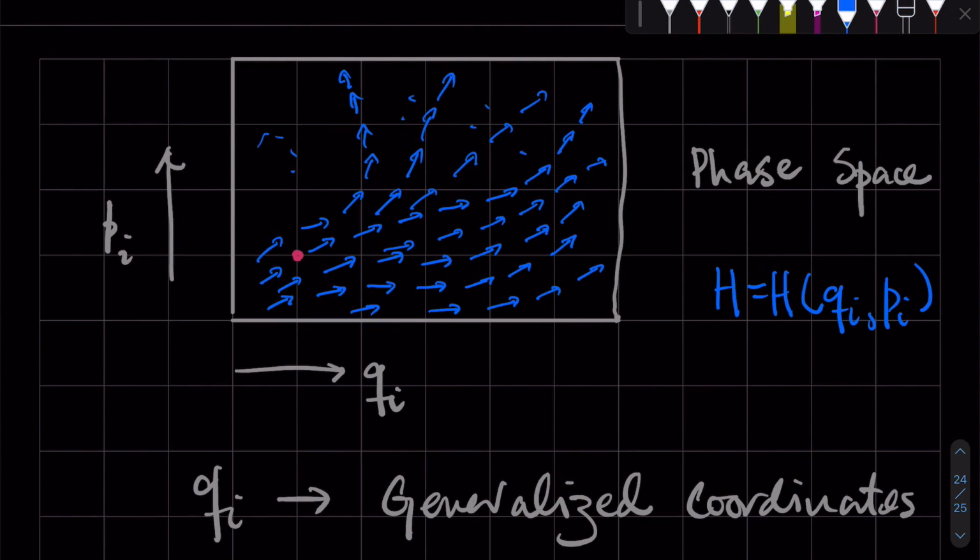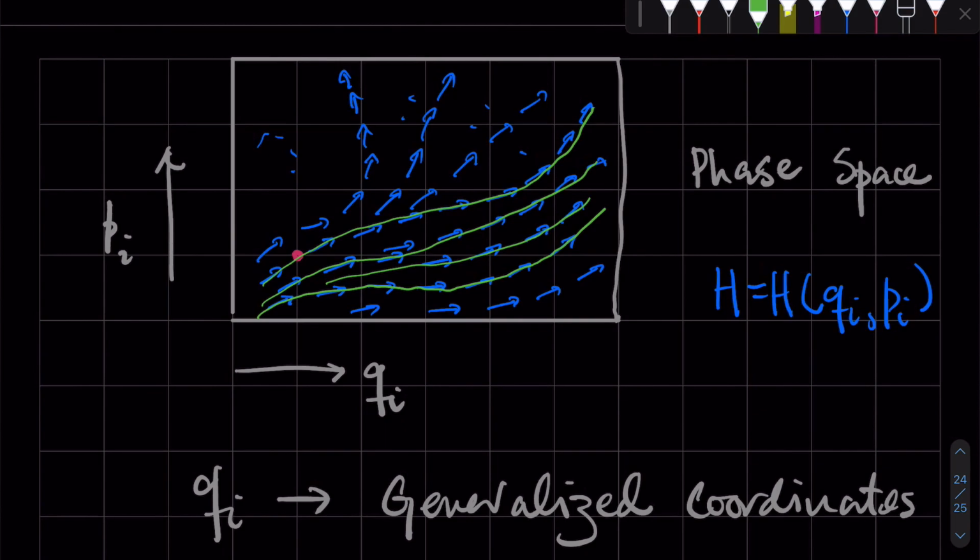So given such a vector field, what happens is that these vectors are tangent to some curves. And these curves are known as integral curves. Okay, so all these small vectors, they form a continuous sort of, they are tangent vectors to these integral curves.